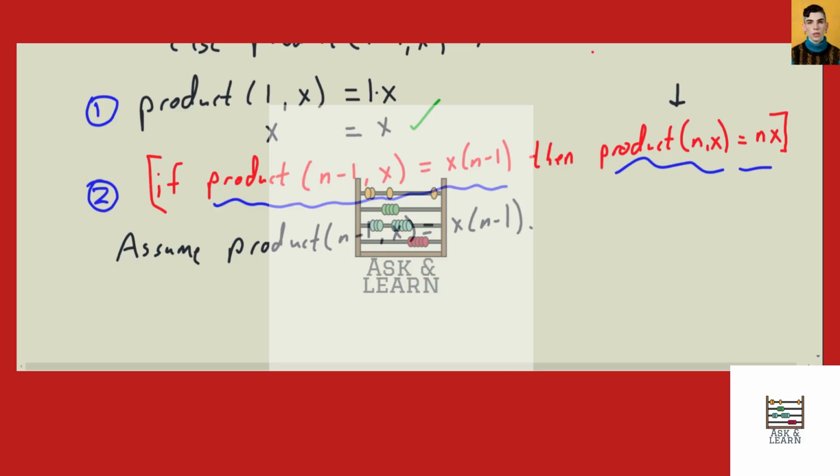So what we could do is, if you look, this right-hand side is equivalent to xn minus x. So I could get the right-hand side to match this right-hand side if I subtract x from both sides.